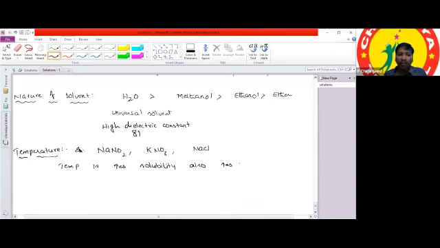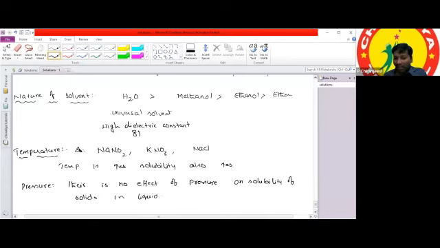No, there is no effect of pressure on the solubility of solids in liquids, because solids are incompressible.